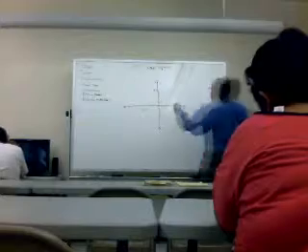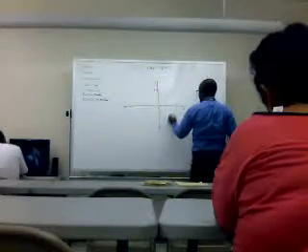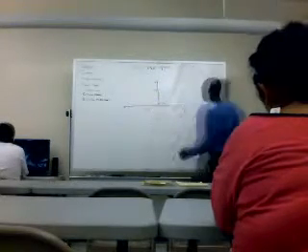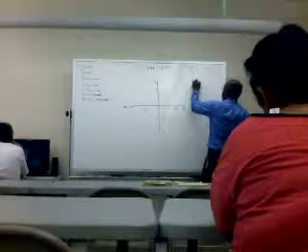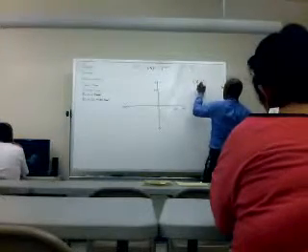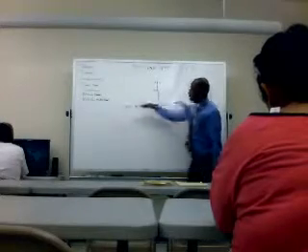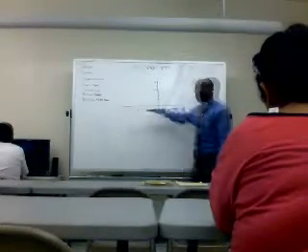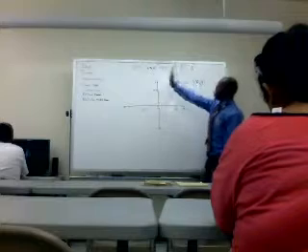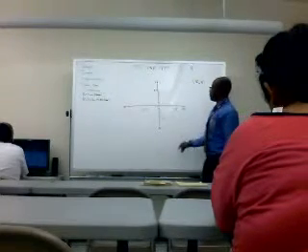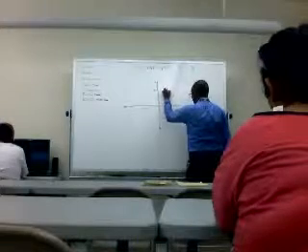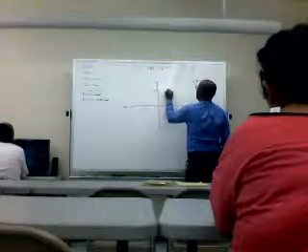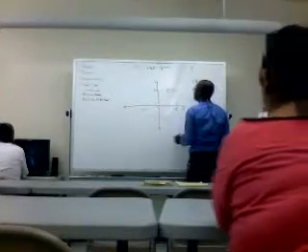And every point has two components, okay? So you have an x value and a y value. The x value is the direction and the distance you go this way. The y value is the direction and distance you go this way, okay? So in this quadrant, both the x value and the y are positive.